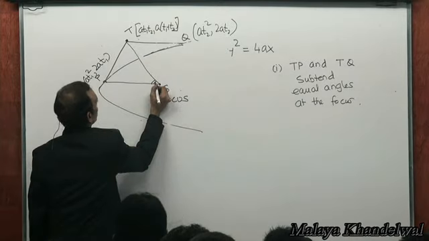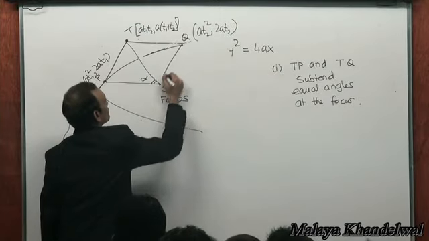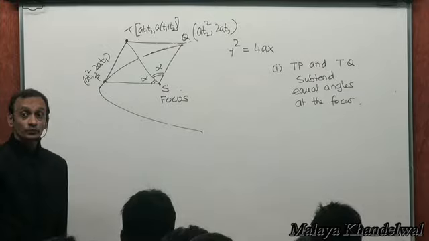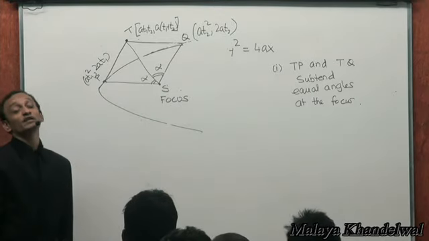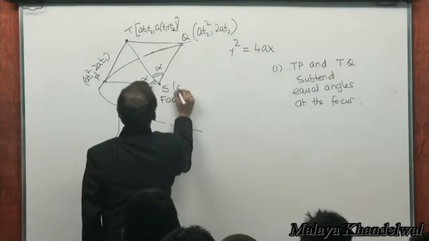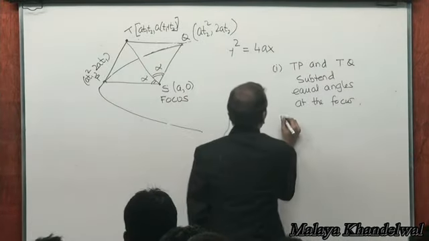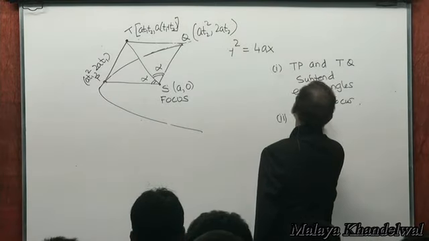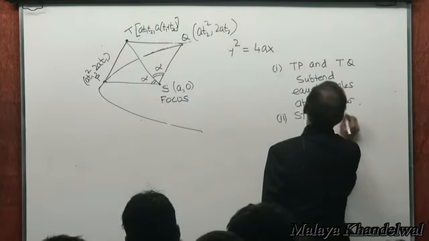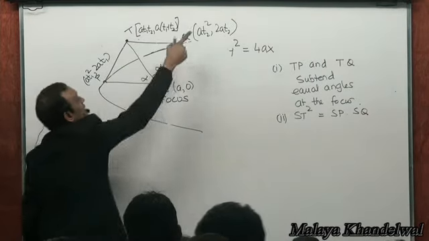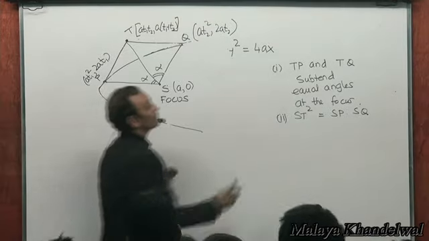TP subtends an angle alpha at the focus, TQ subtends an angle alpha at the focus. Both will subtend the same angle at the focus. You might want to examine this. Focus S is (a, 0). Using the distance formula, you can check that ST squared is SP into SQ.